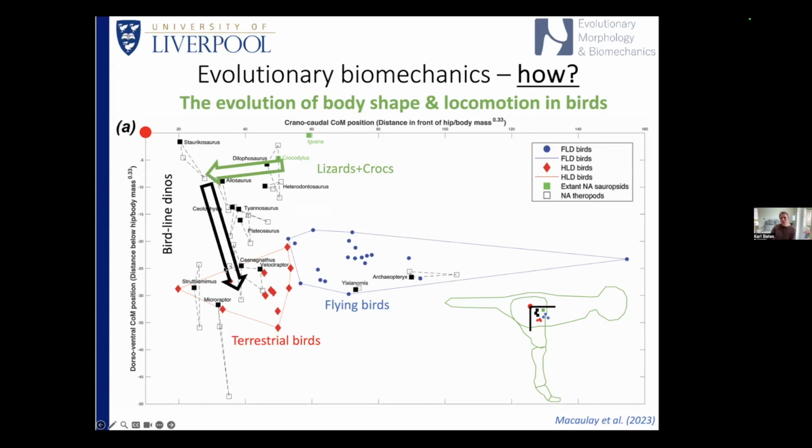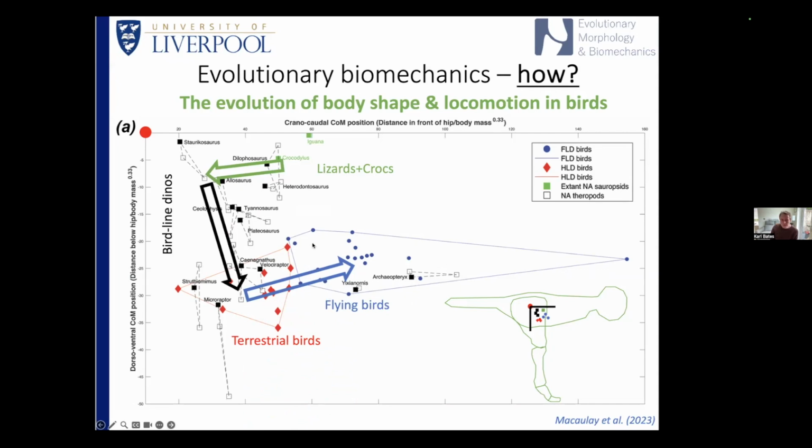And then when things become much more bird-like, so things like your Velociraptor or your Microraptor that you might have seen in Jurassic Park, there is this downward shift in center of mass into the zone occupied by terrestrial birds. And then only with the evolution of flight in Archaeopteryx do we see dinosaurs or dinosaur-ish transitional forms entering the center of mass space that flying birds occupy.